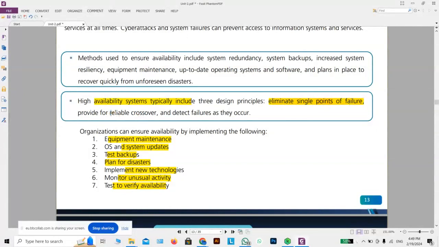You must also provide a reliable crossover and detect failures as they occur. Keep connected with the system, and whenever there is a failure, transfer control to another system working as a redundant system. That's called reliable crossover.